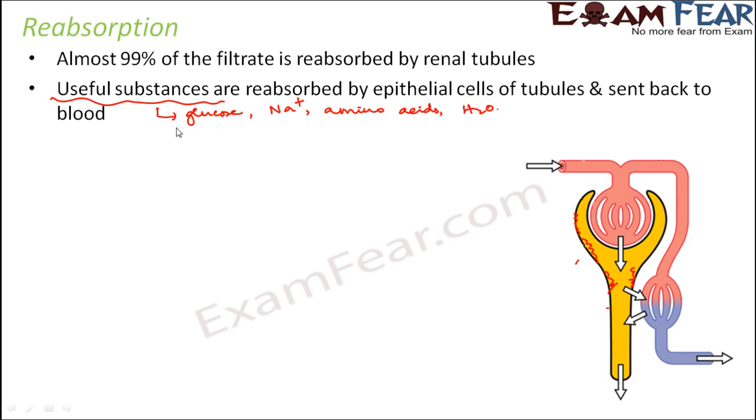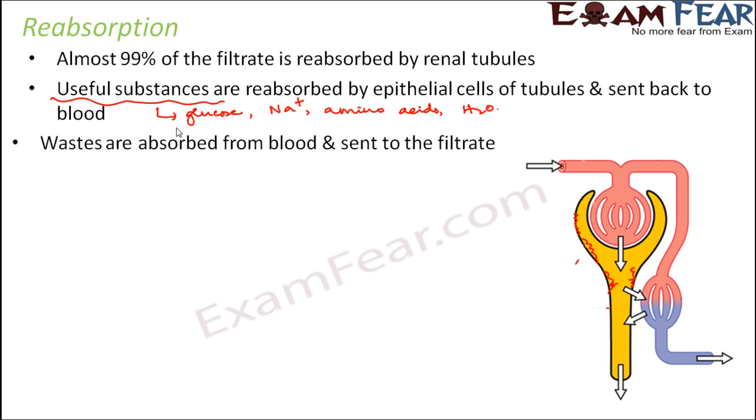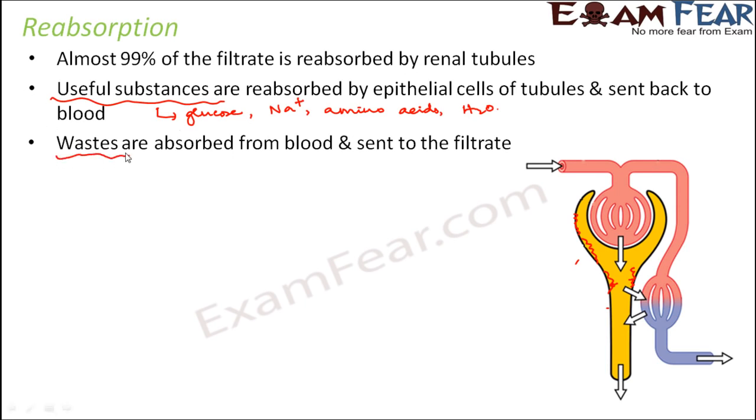These are some of the useful substances. Now what happens to the rest of the substances? The rest is all waste. These wastes are mostly the nitrogenous wastes like urea, uric acid, ammonia and creatinine. These are all nitrogenous wastes, and they need to be thrown out of the body.